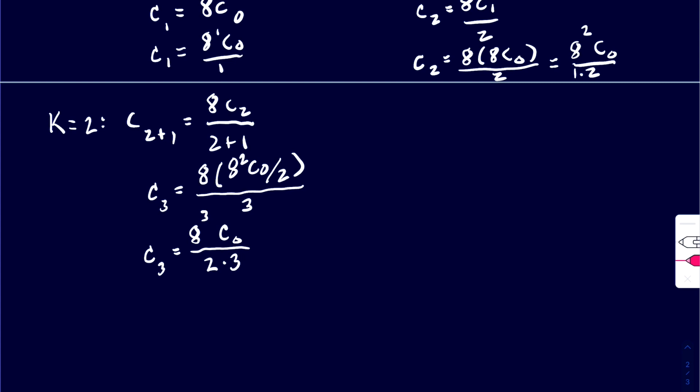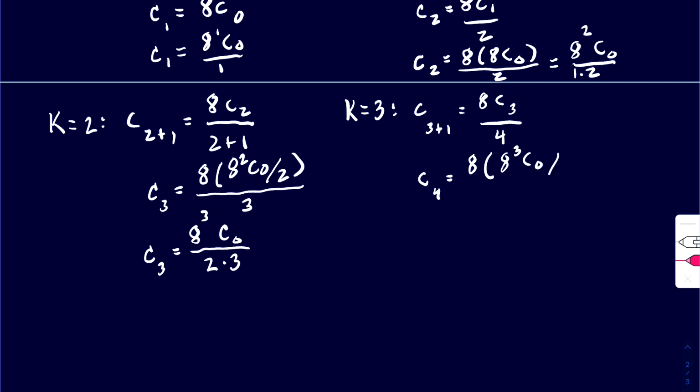And let's see what k equal to 3 brings. So this will be c sub 3 plus 1 equals 8 c3 over 4. c4 will be 8 times 8 cubed c0 over 2 times 3, over 4.